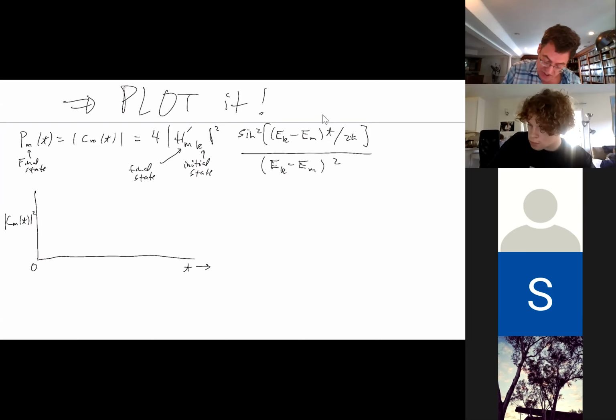And this is t equals 0. And so basically what we get is a sine squared function, and so it oscillates, right?